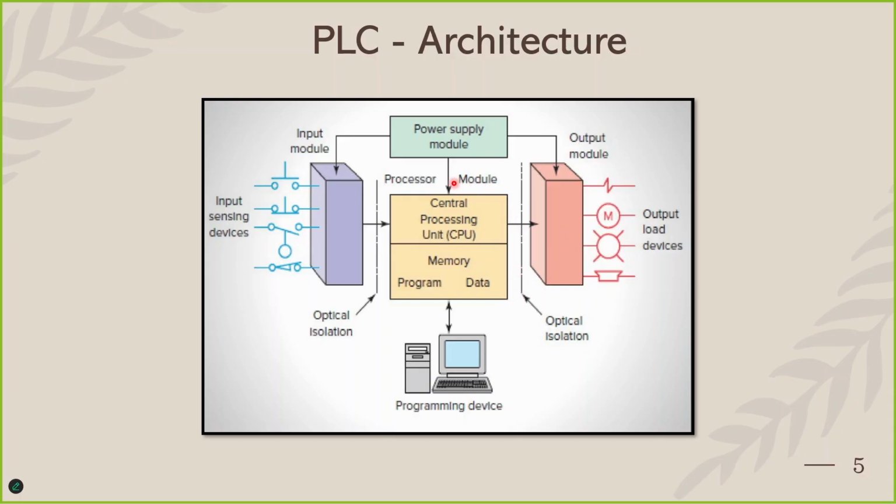There is the central processing module of the PLC. There is also a power supply to power the PLC itself. The power supply could be, in some cases, embedded in the PLC itself, and in other cases, a separate power supply with a cable connecting to the PLC directly.